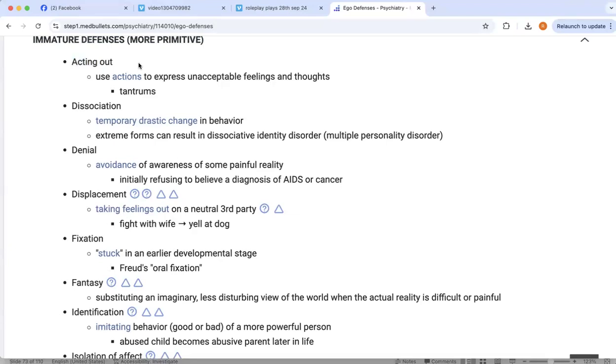But suddenly a new guy comes into the office and he is promoted instead of you. Definitely you are angry. Now, to express this unacceptable feeling, you went to your boss's office and started yelling at your boss and breaking his things. That means you used action to express the unacceptable feelings. That is what we call acting out.